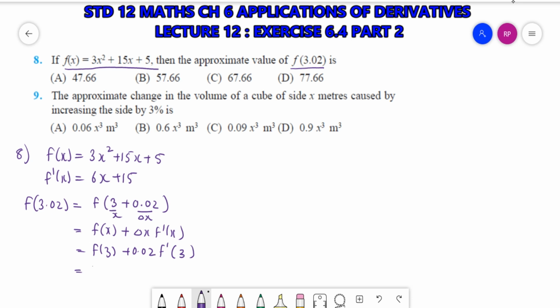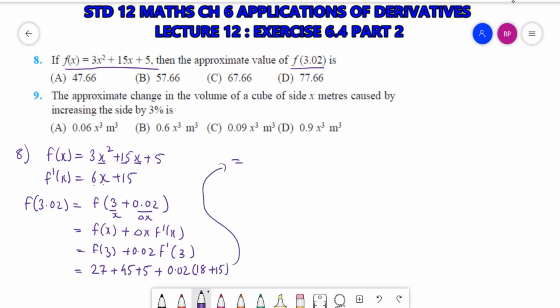f of 3, 3 into 3 square, that is 27. Let's add on directly: 27 plus 15 into 3, that is 45, plus 5, plus 0.02 into f dash 3. 6 into 3, 18 plus 15.